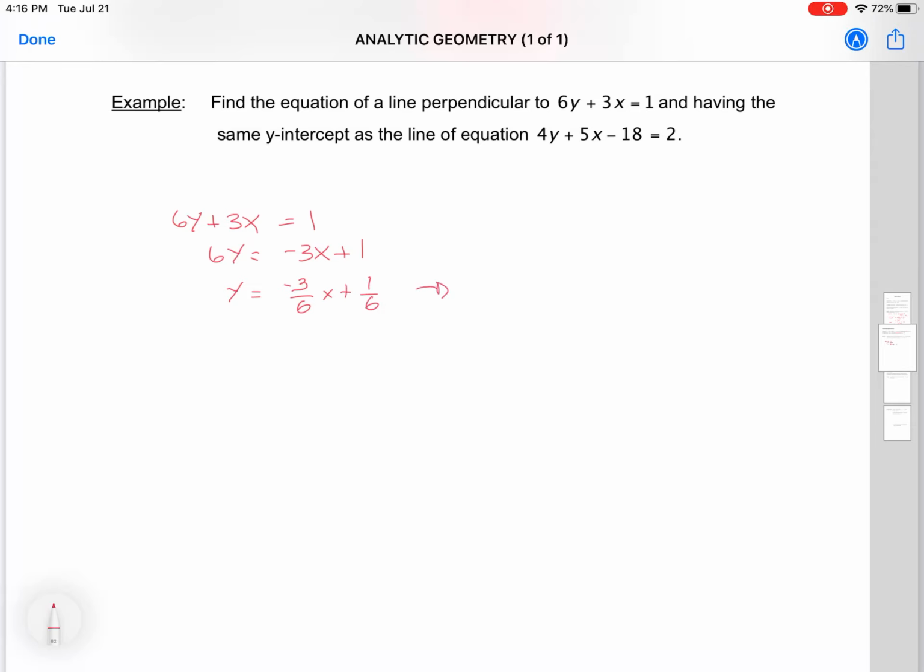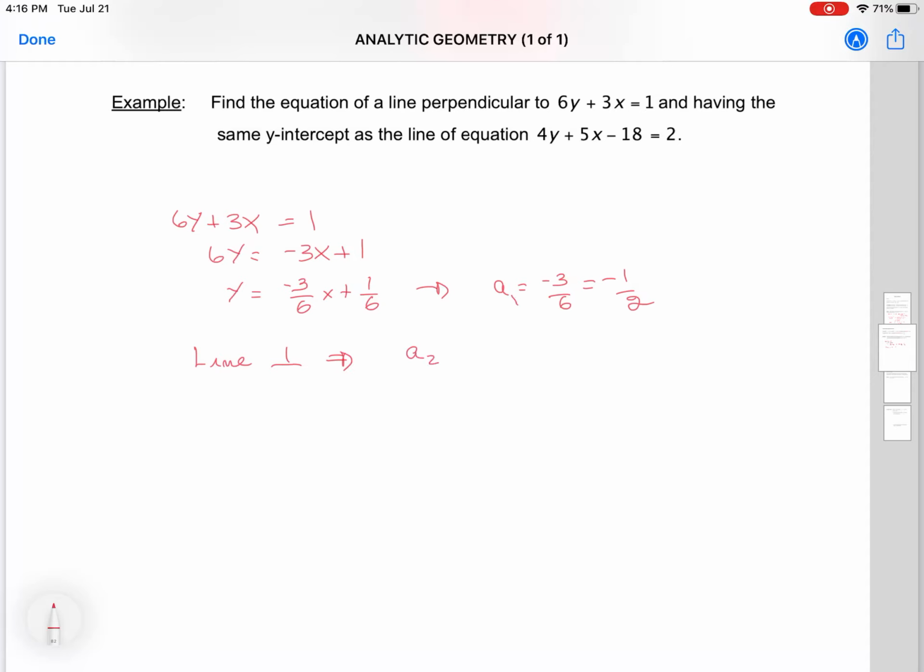That is, y is minus 3 over 6 x plus 1 over 6. This line has a slope of minus 3 over 6, which is minus a half.